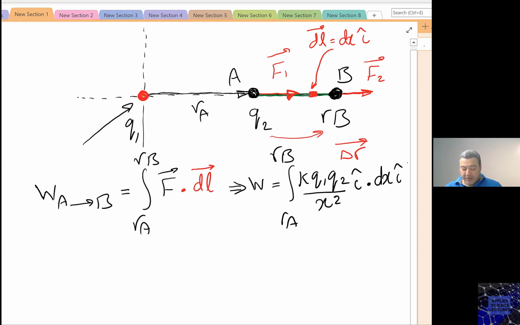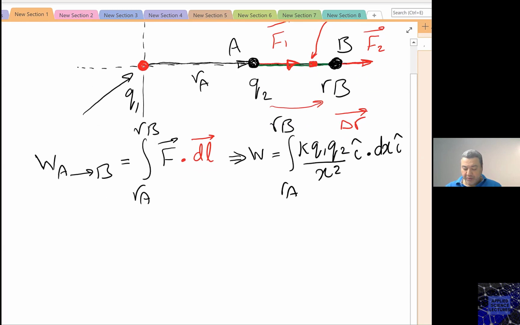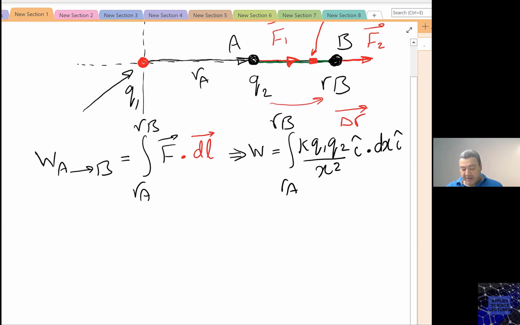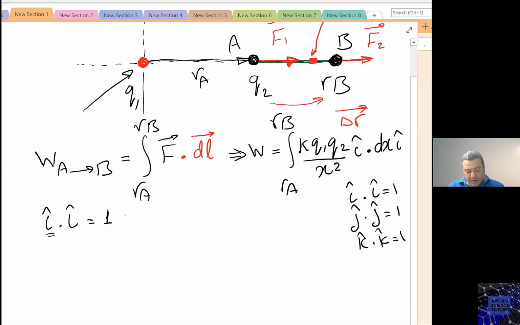Now the unit vector for this force is I hat, dot this dl, which is dx I hat. Now here I have two vectors, but both of them are in the same direction, same axis, and we know that the dot product of two I hats is 1, the dot product of two j hats is 1, and of two k hats is also 1, because the magnitude of the first is 1 times the magnitude of the second, 1, cosine theta.